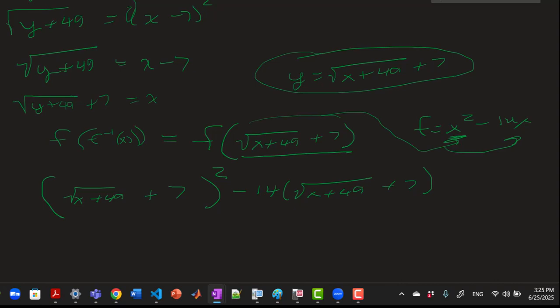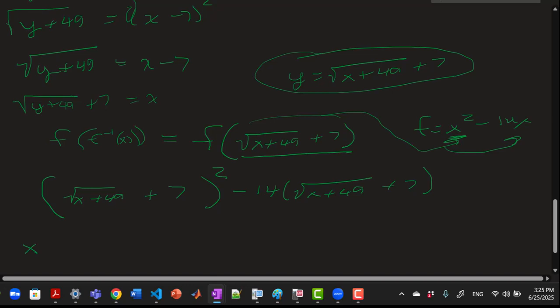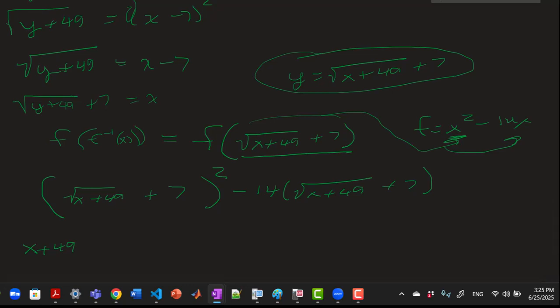Now if I FOIL this out, I will get square root of x plus 49 times square root of x plus 49 is x plus 49. And then I'll have plus 7 times the square root of x plus 49, and I'll have that twice. So it'll be plus 14 times the square root of x plus 49, and then 7 times 7 is plus 49.